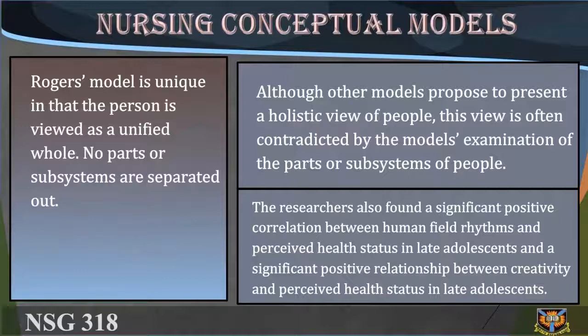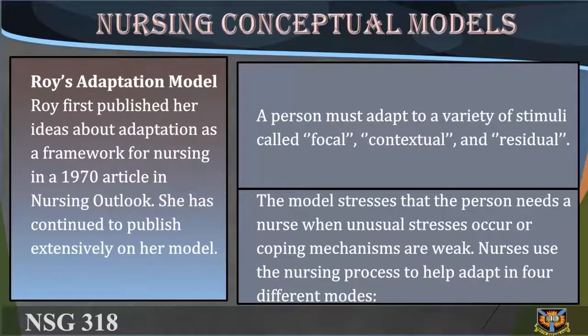Significant positive correlations were found between perceived field motion and perceived health status in early, middle, and late adolescence. The researchers also found a significant positive correlation between human field rhythms and perceived health status in late adolescence, and a significant positive relationship between creativity and perceived health status in late adolescence.